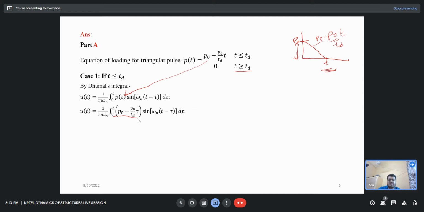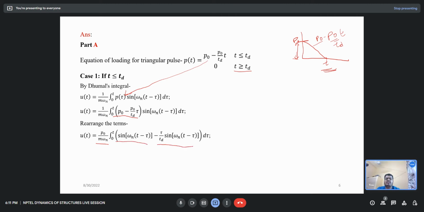Now we have to rearrange the equation and solve the integral. I take p naught outside and rearrange the terms: the first term is sine omega_n (t minus tau), and the second term is tau over td sine omega_n (t minus tau).